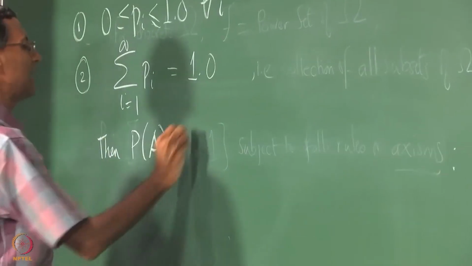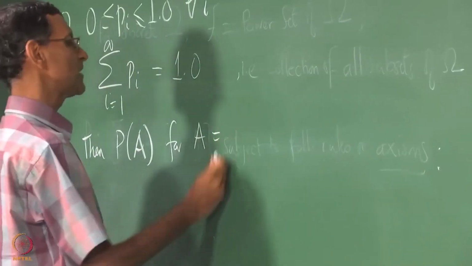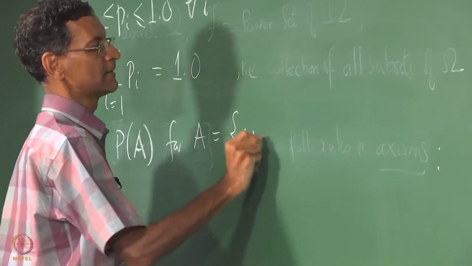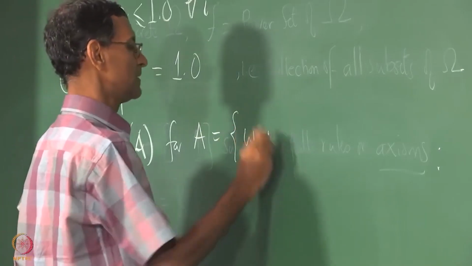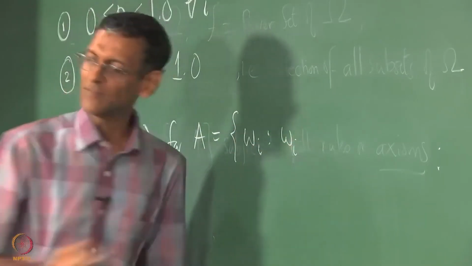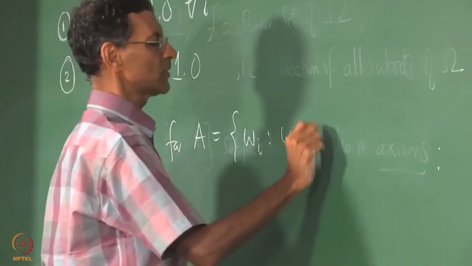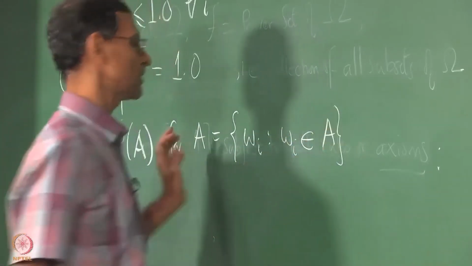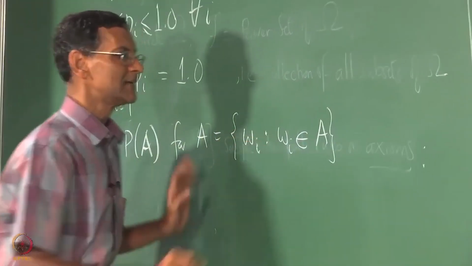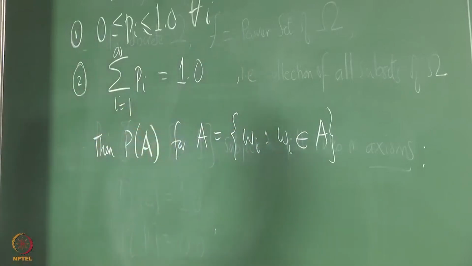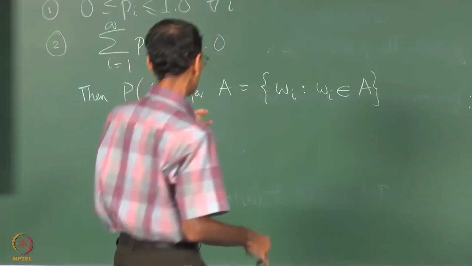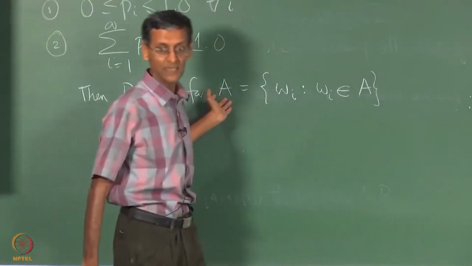Supposing you want PA, for A some collection of omega I such that, this is a circular definition, but anyway, it does not matter. I am not being very rigorous in mathematical terms, but it is okay, let me just write it in some notation like this. This colon stands for such that. So obviously it is a circular definition, but let it be. Since I do not want to tie down my A to be an example of omega 1, omega 2 or whatever, some collection of points omega I is in A.